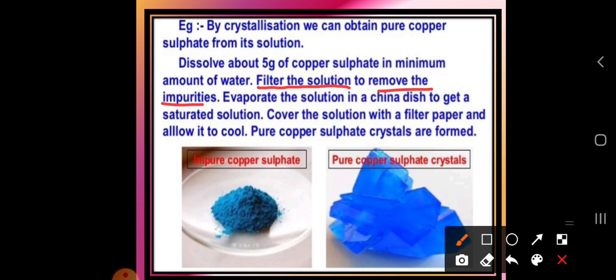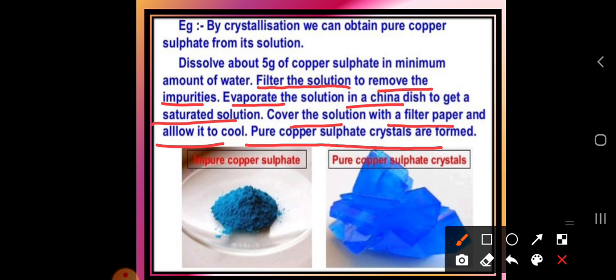Why do we filter it? Because we have to remove the impurities. Later, evaporate the solution in a china dish to get a saturated solution, cover the solution with a filter paper and allow it to cool. Then you will get pure crystals of copper sulphate from the copper sulphate solution.